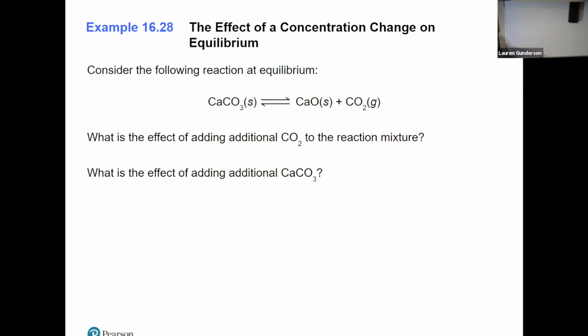So let's write out this reaction. Actually, I do want to do it on my board instead. I like to be able to draw arrows back and forth when I'm explaining this. So we have a reaction, CaO solid and CO2 gas. And we're asked two questions about it.